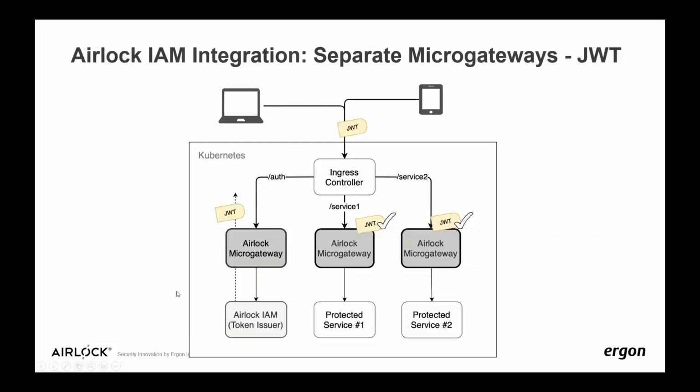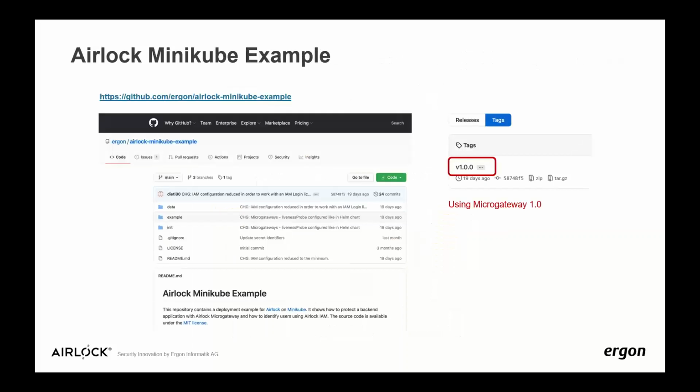Now, in order to show you how you could set up those things, we decided to create a Minikube example, which means that you have on GitHub ergon/airlock-minikube-example a full configuration for a Minikube where you have multiple services protected by the Airlock Microgateway and authentication.